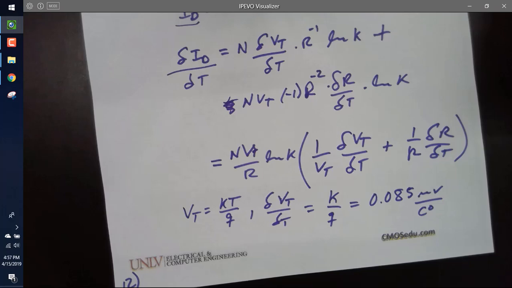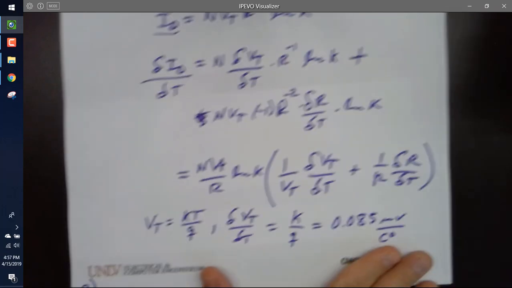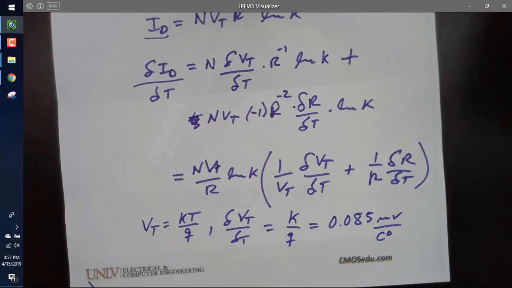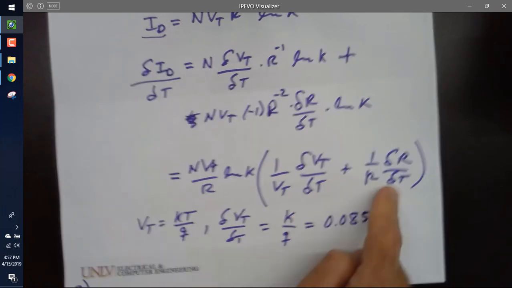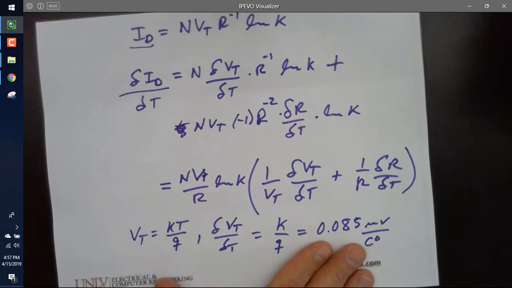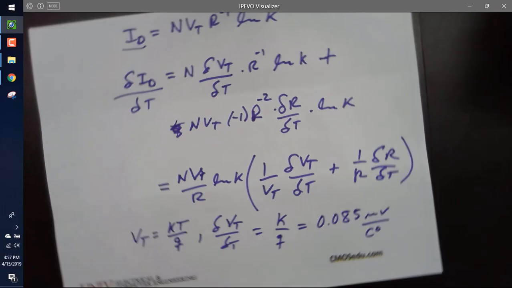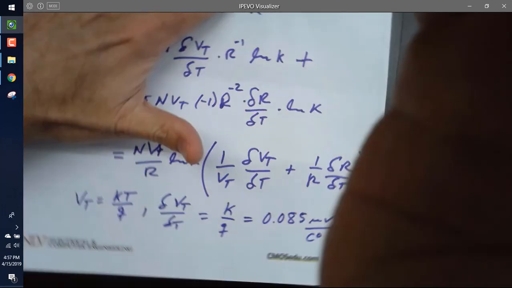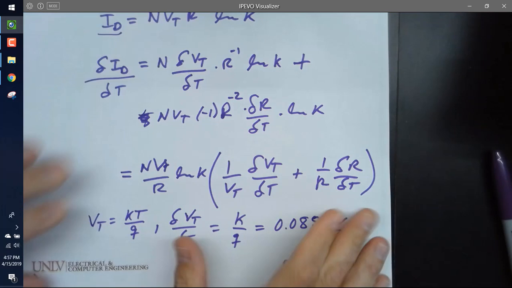Any questions? Okay, so before we plug in numbers, I want you to make an observation about the polarity of the tempco here. It is positive. It's positive, right? Hold on, hold on.